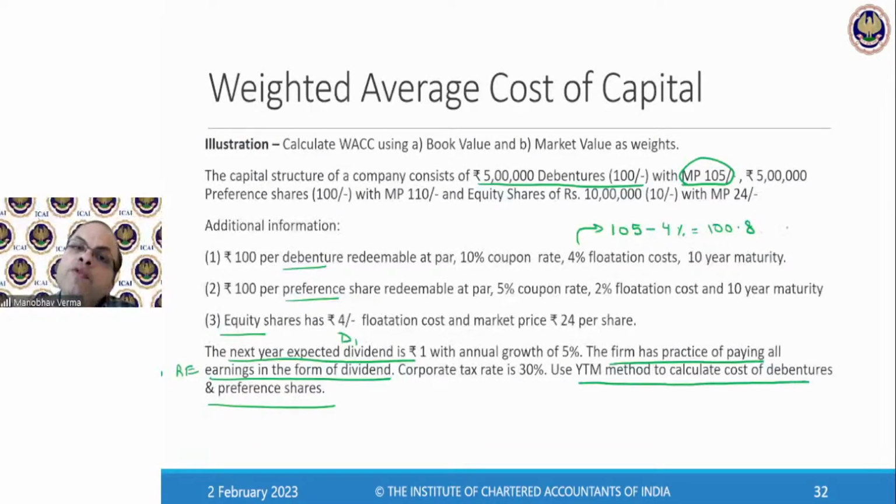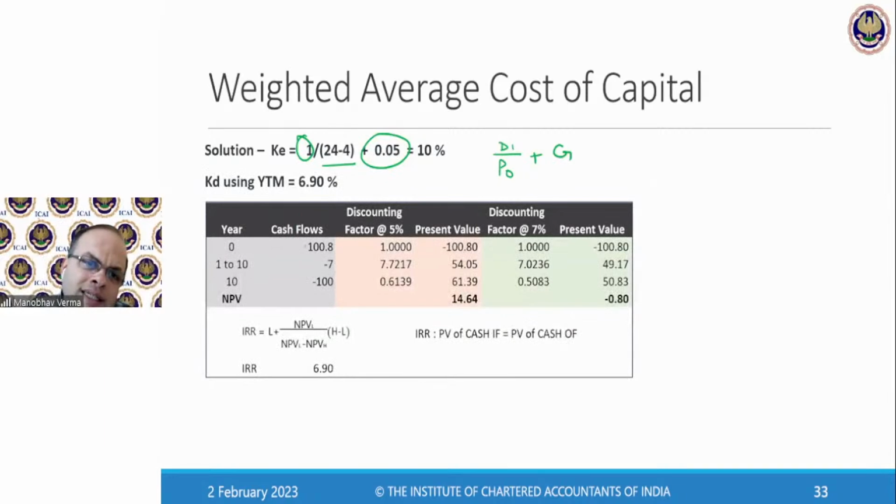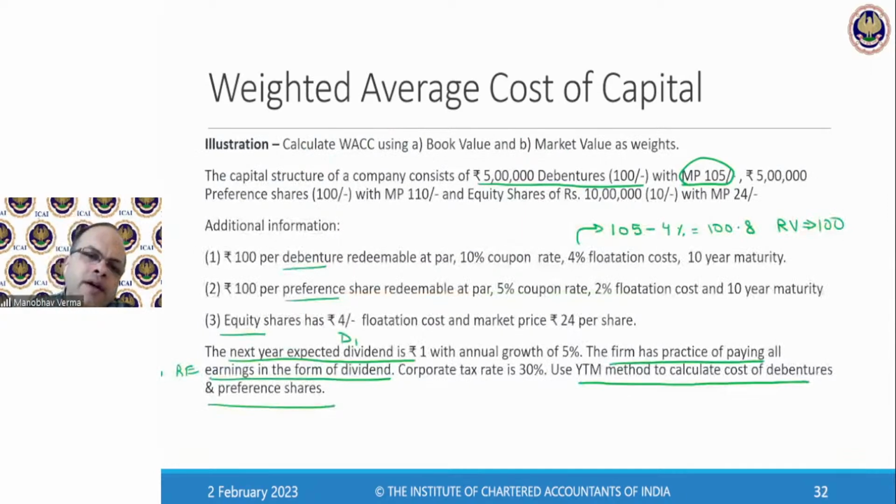Whereas the future redemption value will be 100. That's the face value you have to pay. Guys, everyone with me on this? Everyone got it, how did we get this 100.8, please? 100.8. And then we are talking about a 10% coupon rate, but there is a tax rate also, 30%.